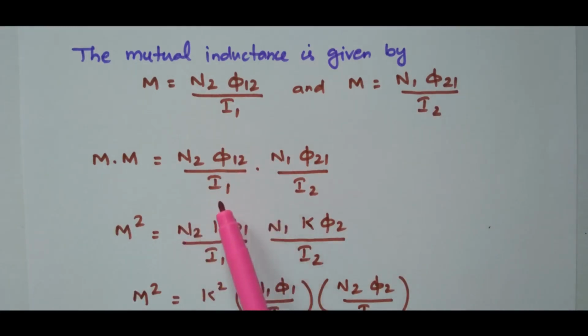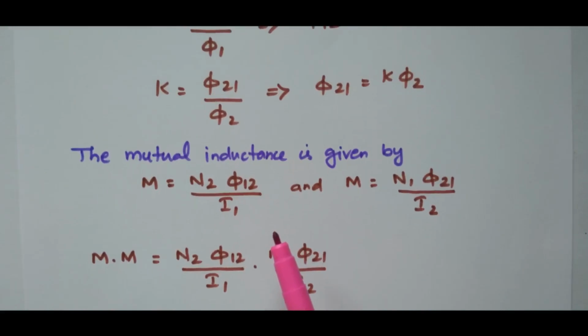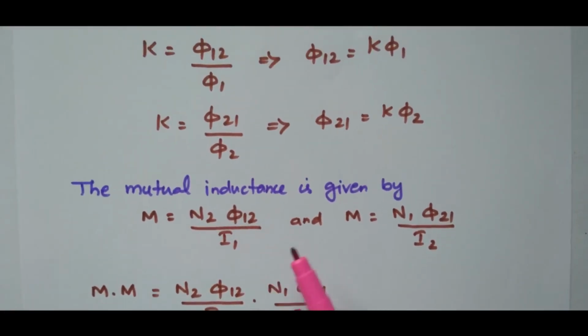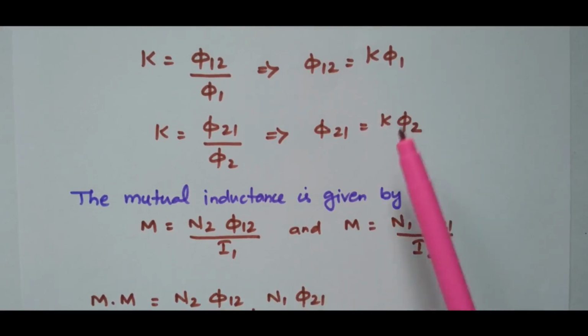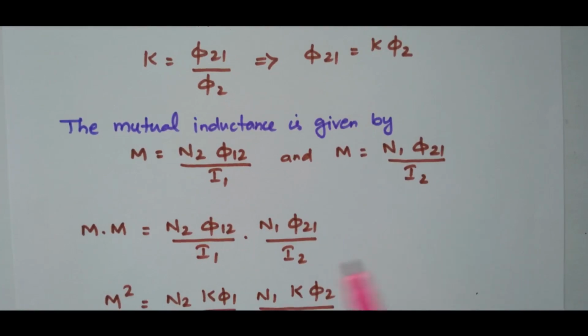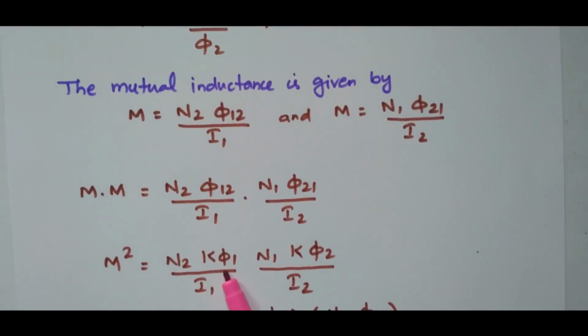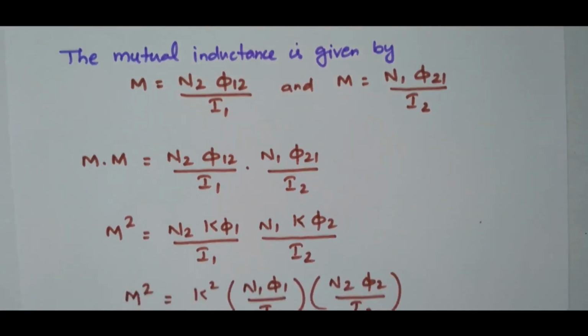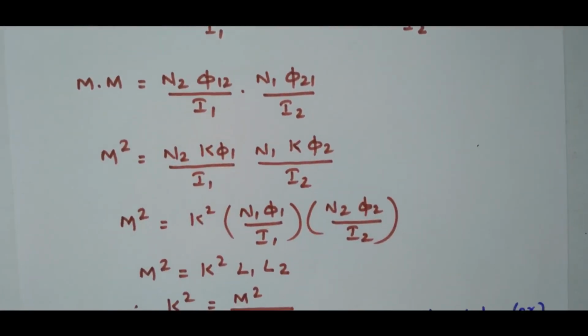Then we need to multiply these two terms, N2 phi 12 by I1 and N1 phi 21 by I2. Both left-hand side and right-hand side are multiplied together. So M square equal to N2. This phi 12 can be replaced as K into phi 1. Similarly, phi 21 is K into phi 2.